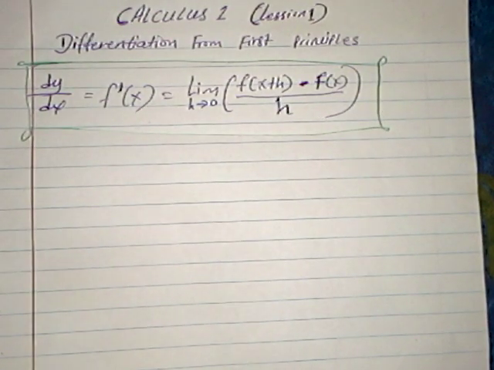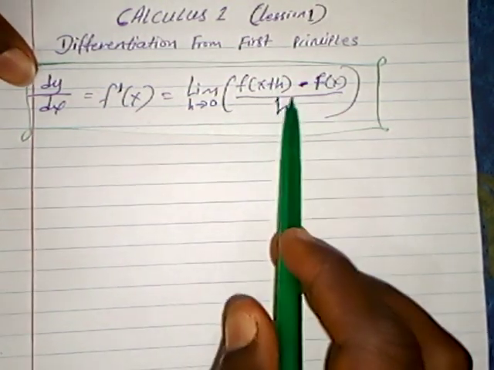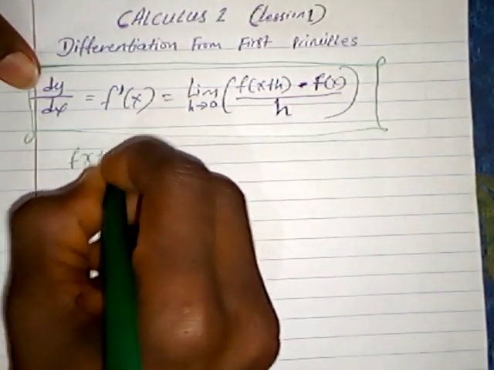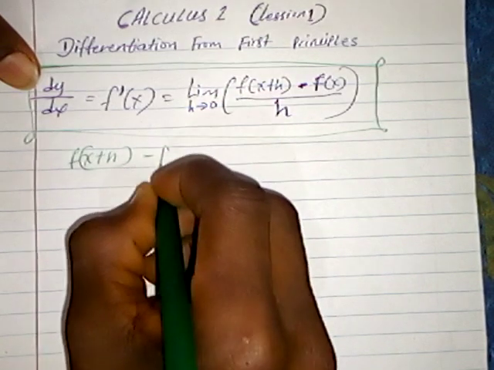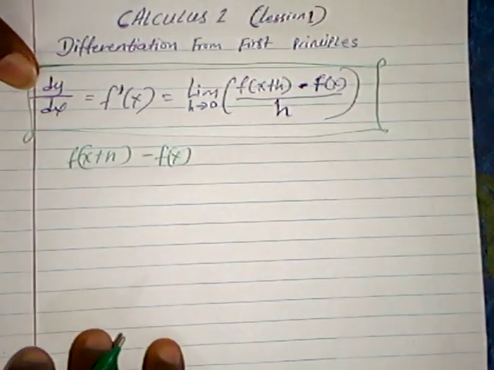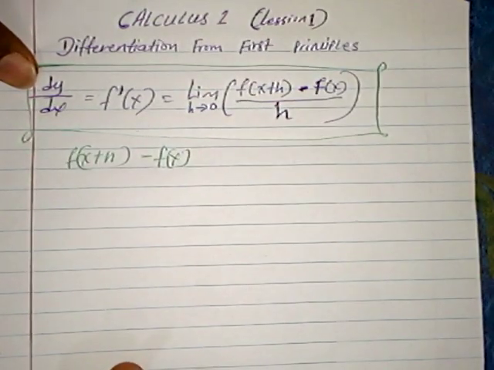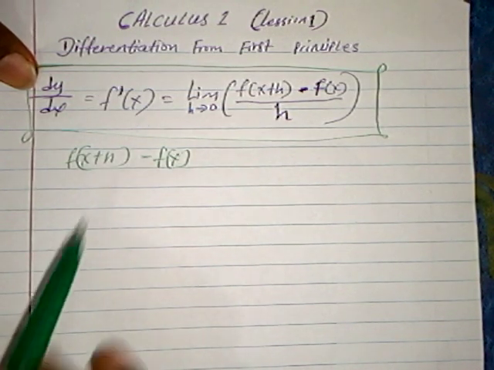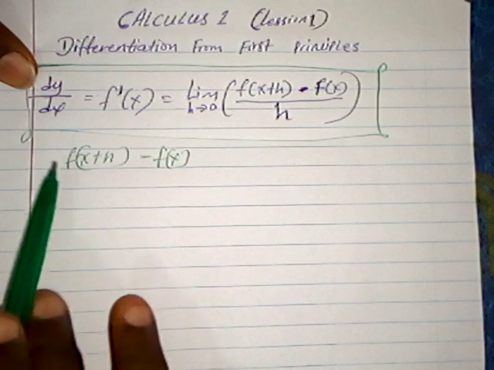Now, all about differentiation from the first principle is this numerator in the formula that is very important, which you have to know how to use, which is f of x plus h, take note of this, minus f of x. And when you are using the formula, you have to solve for each and every one of them.